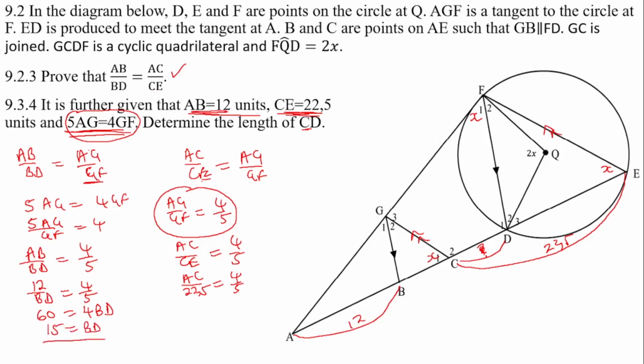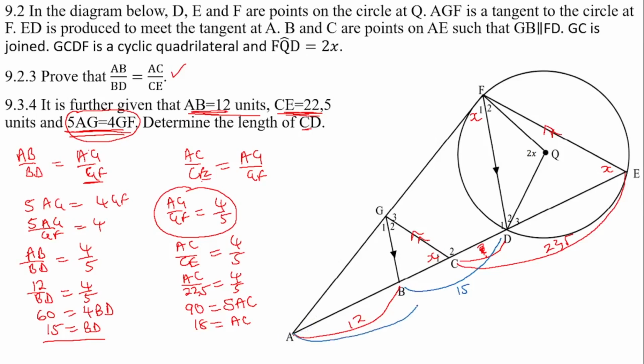And then cross multiply here, 22.5 times 4, that is 90, is equal to 5AC. Then divide by 5 on both sides of the equation, and you get 18. So AC is equal to 18. Now we managed to find that BD is 15 and AC is 18.